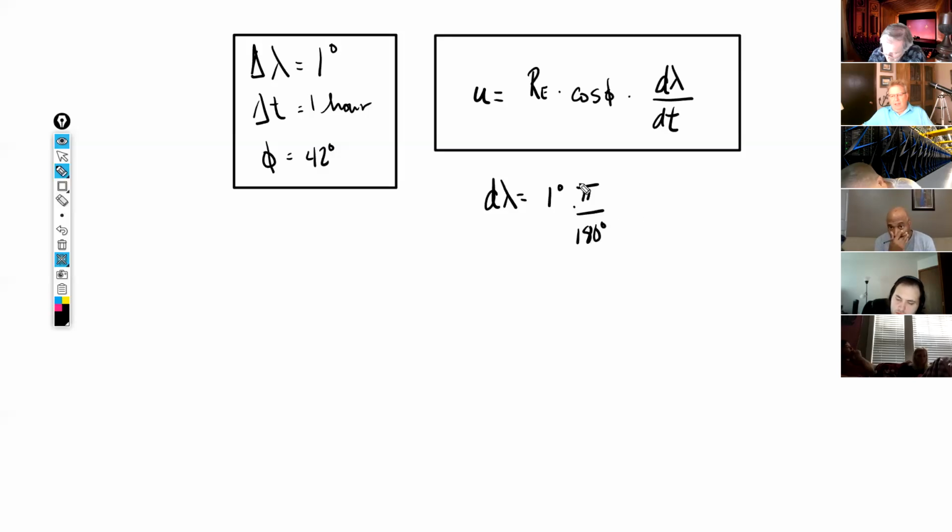So the degrees cancel out, and I'm left with pi over 180, because the degrees cancel, right? Are you getting that concept? The degree is a unit, and the degrees cancel. So I'm converting this into radians.